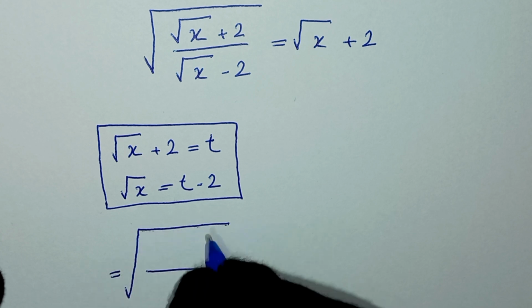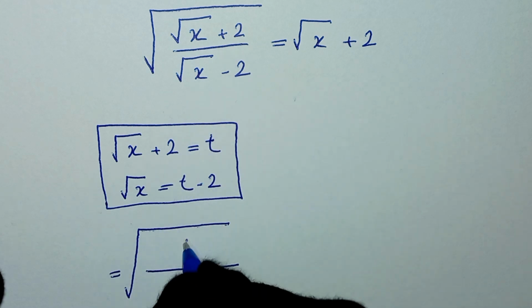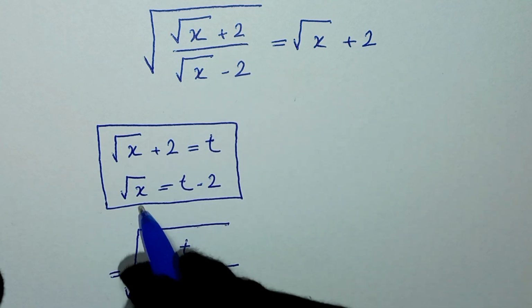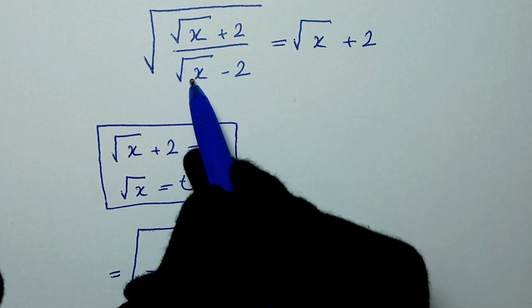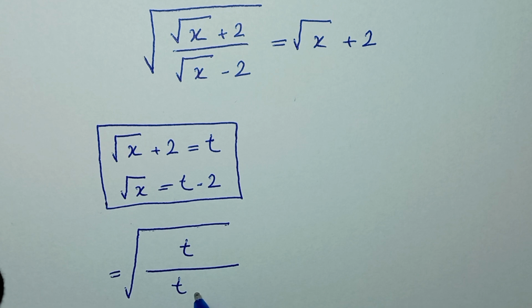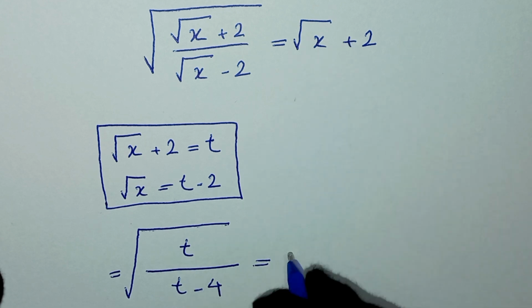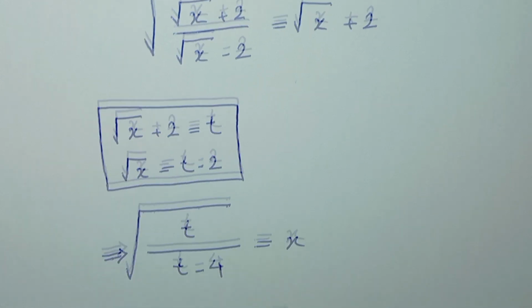So it will be square root of x plus 2 is t, so we write t, and in here the square root of x is t minus 2, so this is t minus 2, and t minus 2 minus this 2, it will be t minus 4, and is equal to this, and this is x.